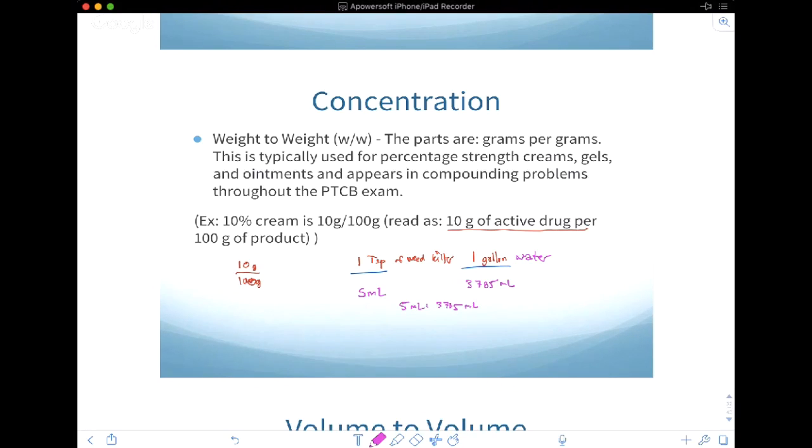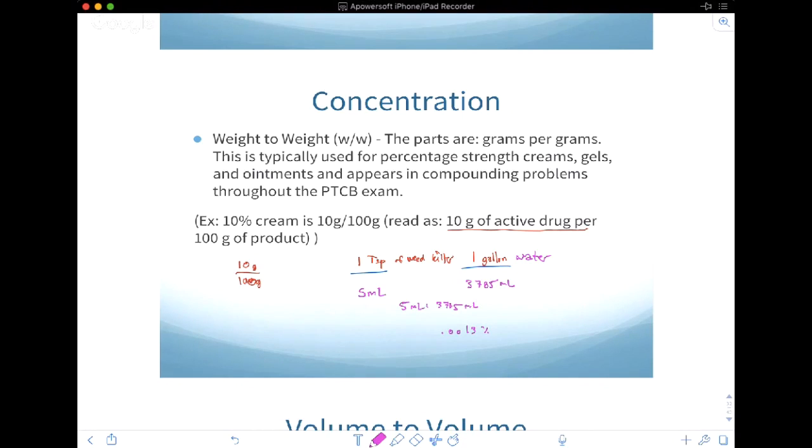If you want to know the percentage, you would go 5 divided by 3,785. That'll give you 0.0013%. So a very, very small percentage.